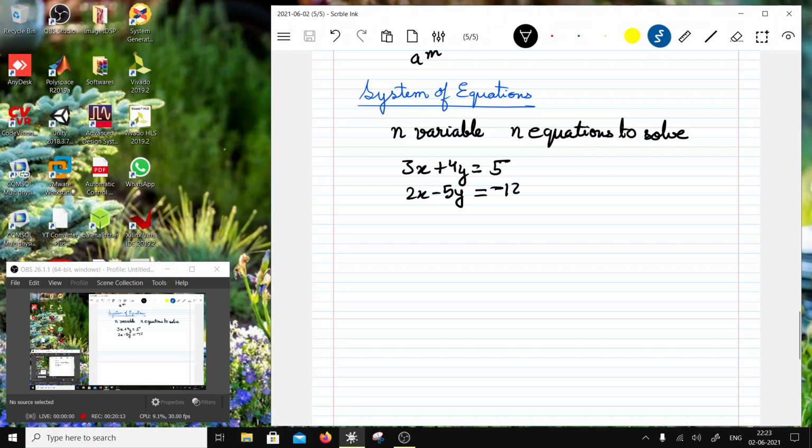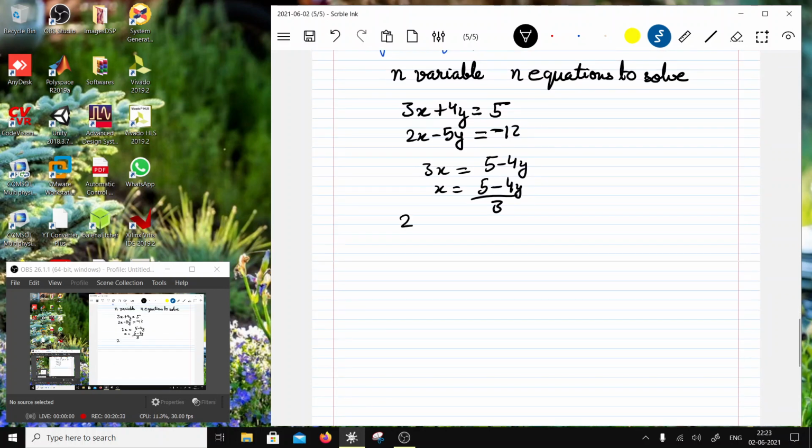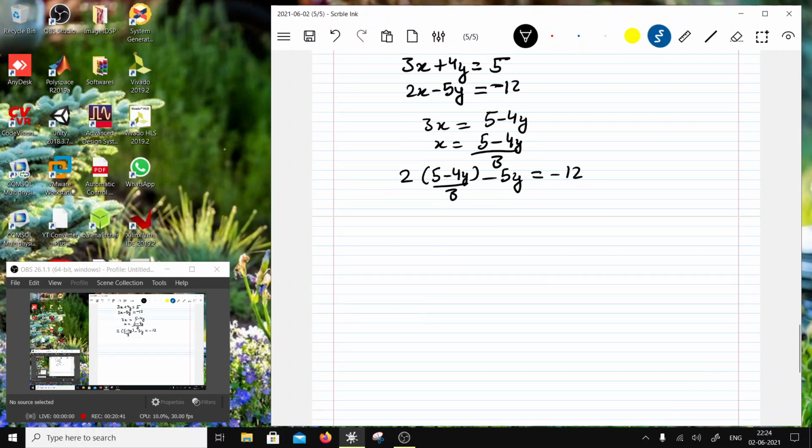To solve this, one of the easiest methods is the method of substitution. So 3x is equal to 5 minus 4y, right? So x is equal to (5 minus 4y) by 3. Now if I substitute that, then it will be 2 into (5 minus 4y) by 3 minus 5y is equal to minus 12, right?